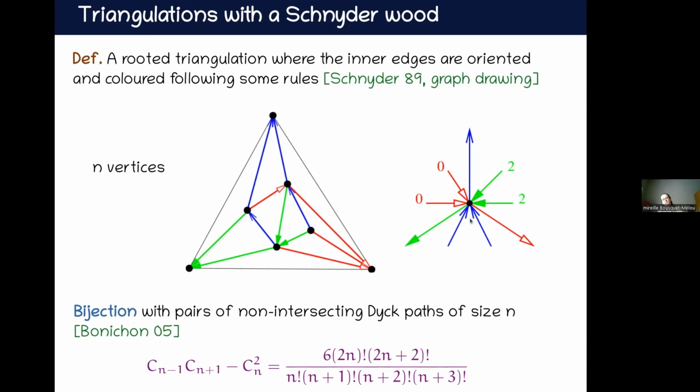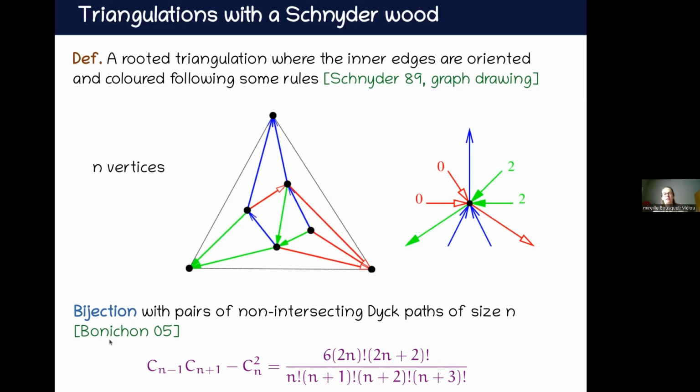I won't get into the details, but what's maybe remarkable is that this structure was not designed originally by combinatorialists, I think, but arose in a problem of graph drawing. Walter Schnyder wanted to draw planar graphs of size n on a grid with straight lines without edge crossings, and he wanted to know what the smallest possible grid was.